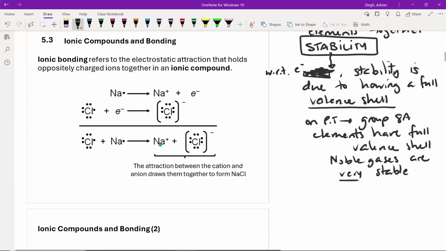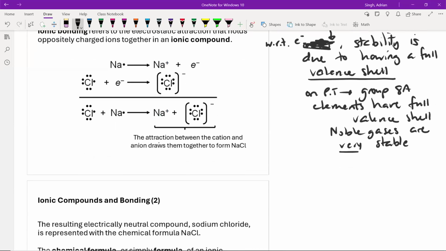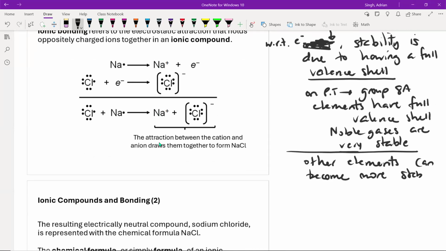So the other elements can become more stable by having enough electrons to be isoelectronic.